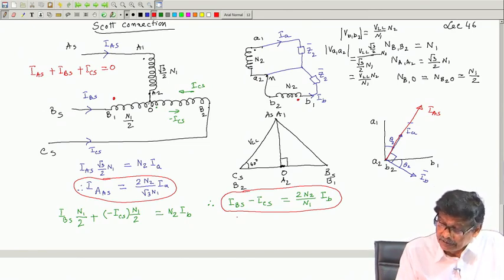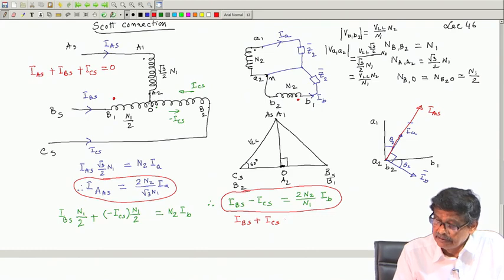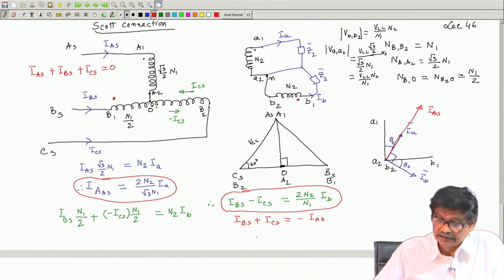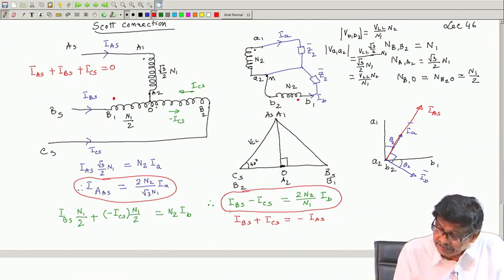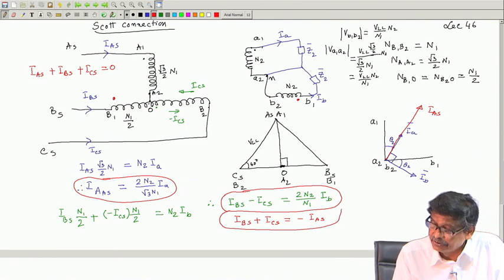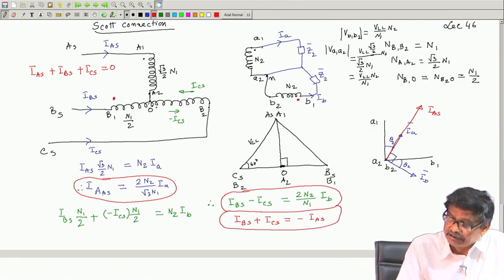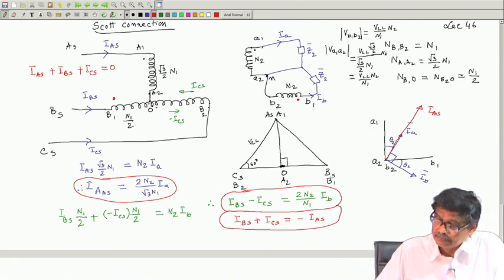Therefore, I get that IBS plus ICS is equal to minus IAS, is it not? That is what I get. So, this is the third equation. These two equations are to be solved to get IBS and ICS.